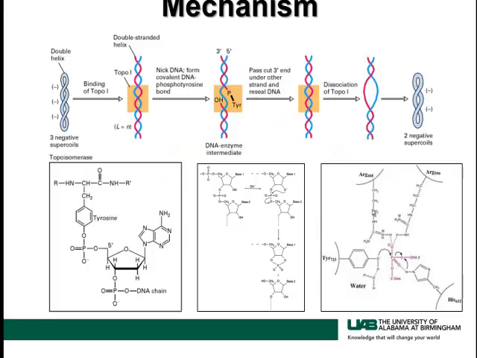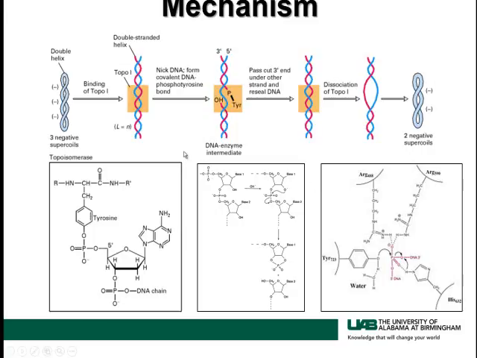And so this is the mechanism of topoisomerase, and you have a supercoiled DNA right here, and topoisomerase is going to bind in front of the replication fork, and it's going to cleave, and it's going to relax and re-anneal. And so you go from 3 or 4 supercoils to 2 supercoils. In other words, it's relaxing it so that the replication fork can proceed through.